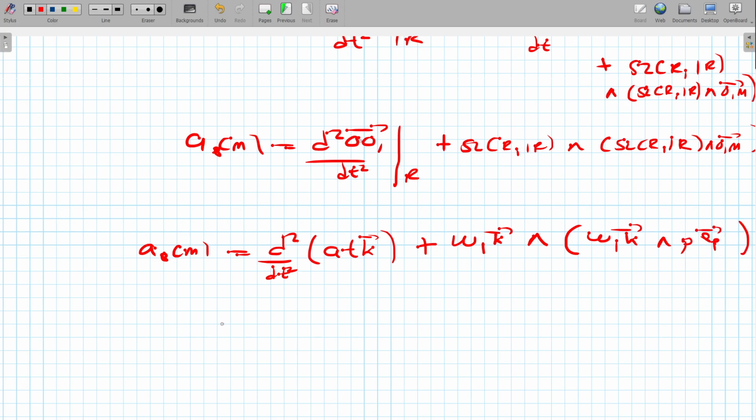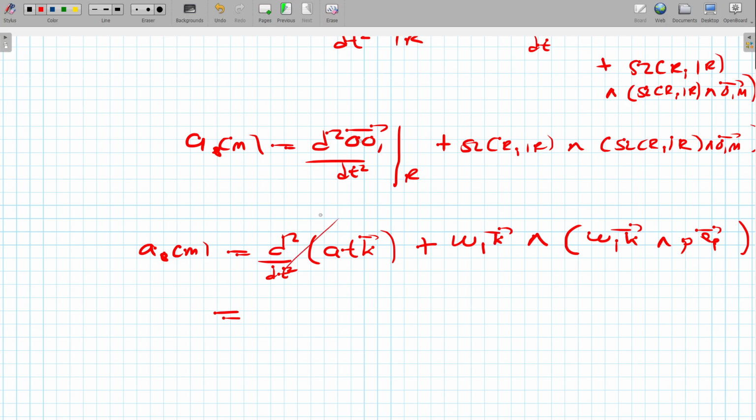C'est facile. If you differentiate this for the first time with respect to t, what do you get? You get ak. Make sure you apply the product rule here so that you understand what is happening. You differentiate ak again, because we're supposed to take the second order derivative, and you get 0 because it's a constant with respect to time.